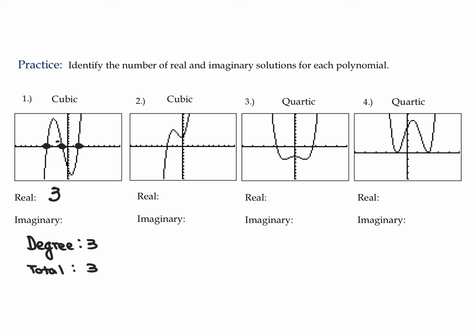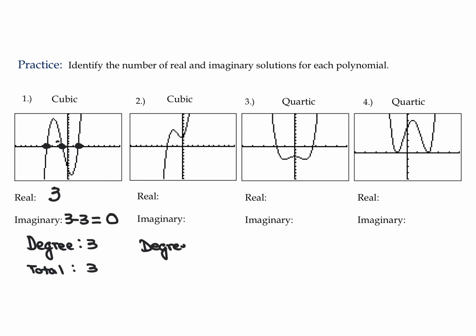To get your imaginary roots, you take your total and subtract the number of real, and that means we have 0 imaginary roots.